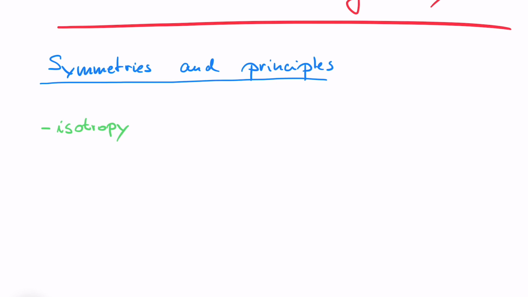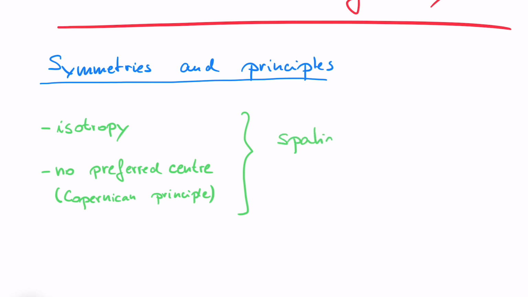That is, that there is no preferred observer in the universe, or a preferred center of the universe. This goes under the name Copernican principle. Out of these two, the implication is that the universe must be spatially homogeneous.